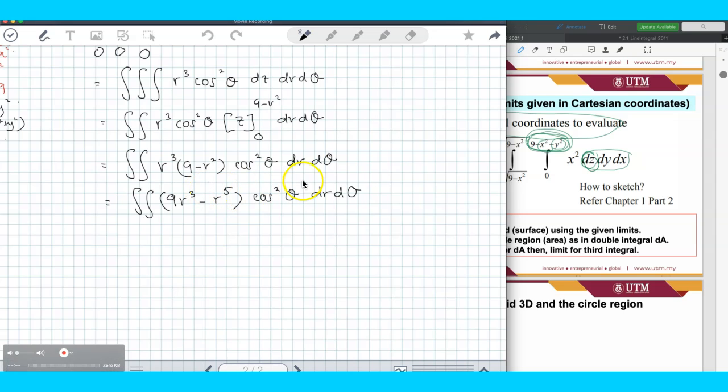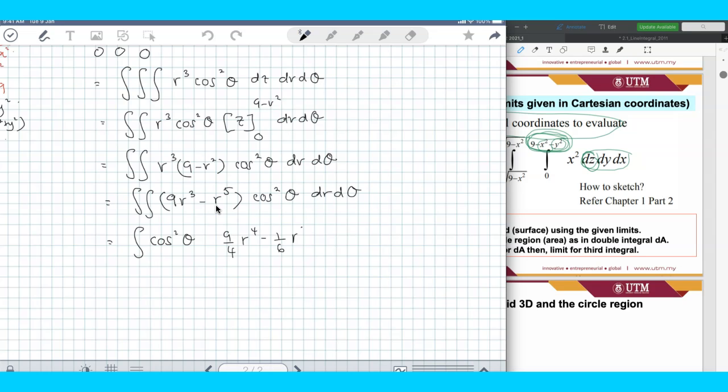Next we have to integrate with respect to r. Cos squared theta is constant, so we just integrate this. So 9 over 4 r to the power of 4, minus 1 over 6 r to the power of 6, from 0 to 3, d theta.